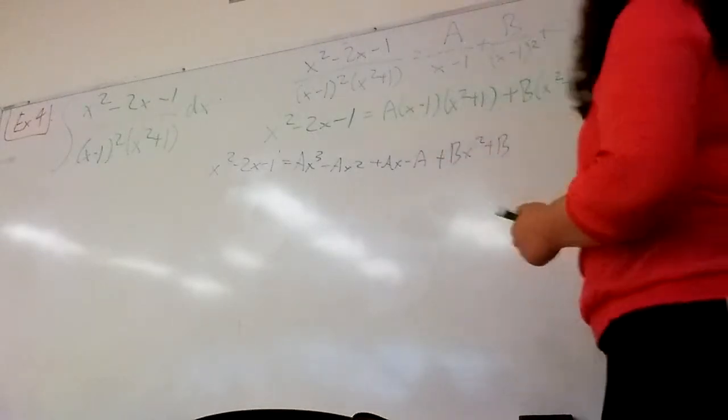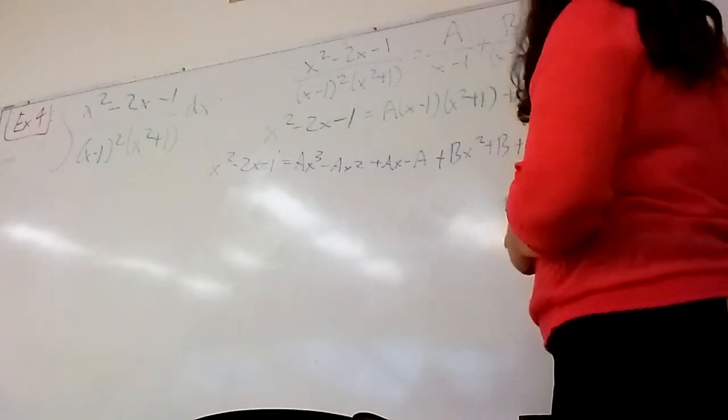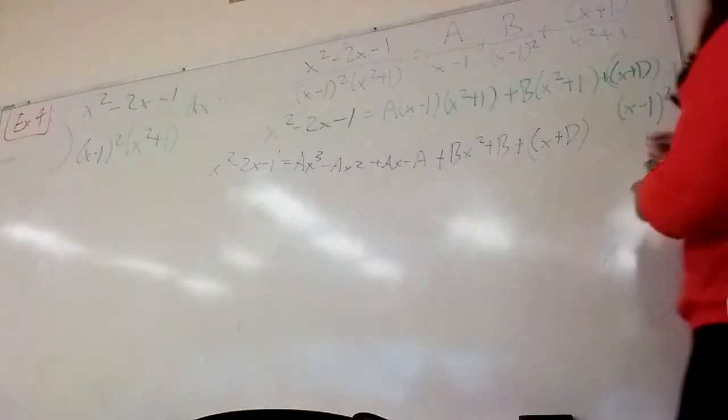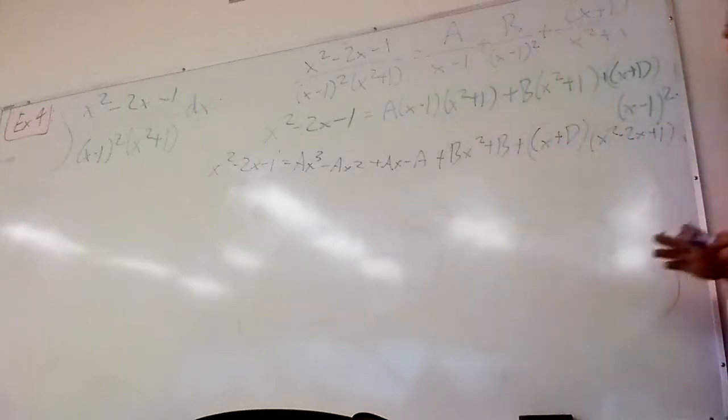And for this one, I'm actually just going to write it out like this for now. Cx plus d, x minus 1 squared will expand as x squared minus 2x plus 1.